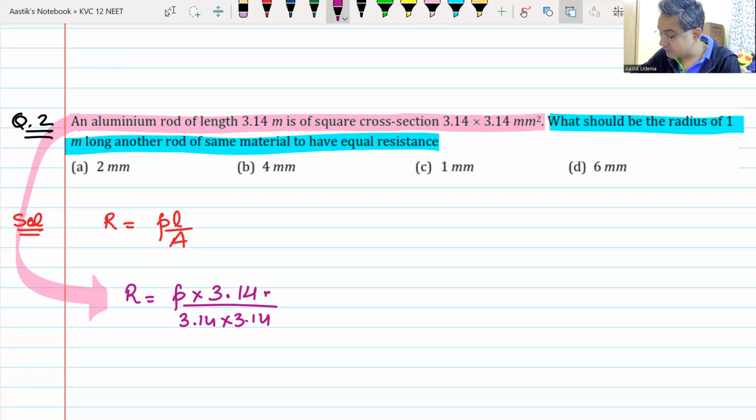This is in meters and this is in millimeters squared. I write the units so that I don't make a mistake.